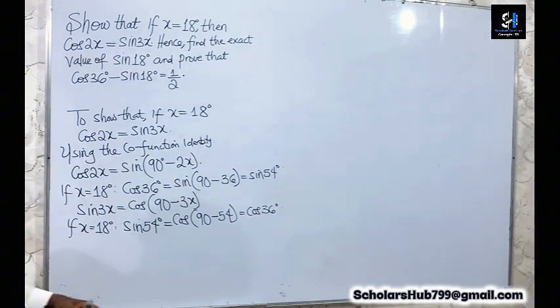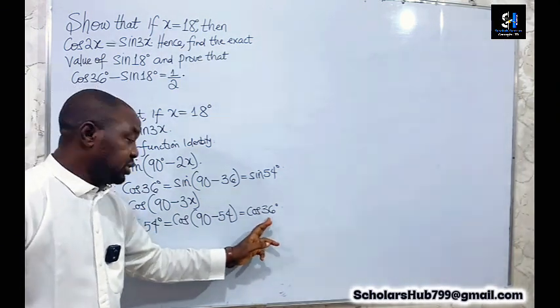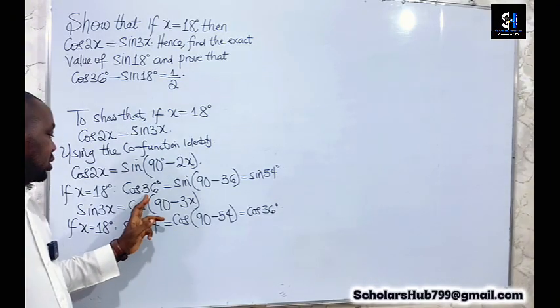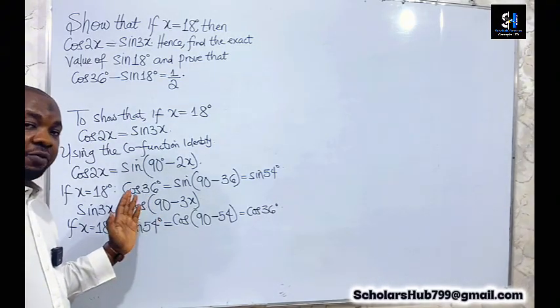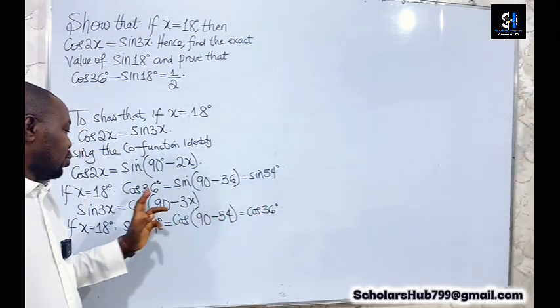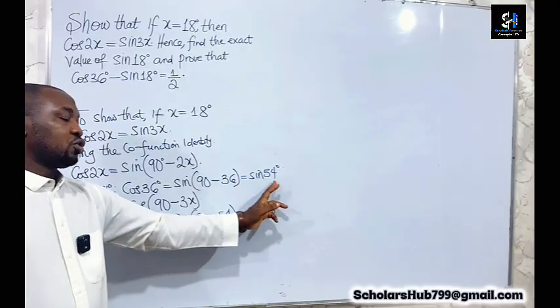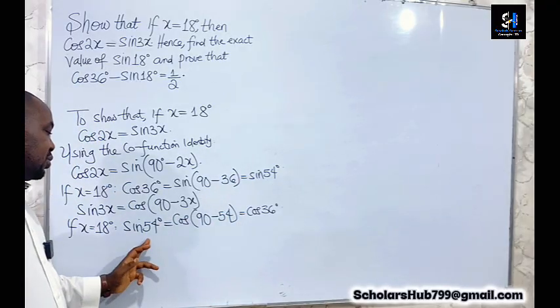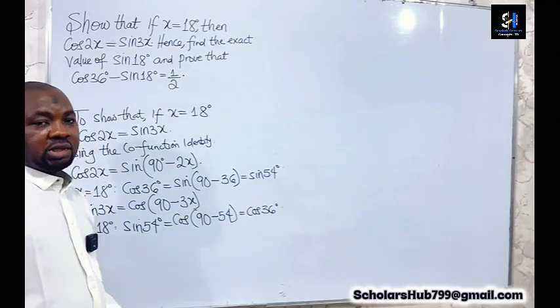So we can see that cos 36 degrees is equal to sine 54 degrees. Or we can say, if we work from the left side to the right hand side, cos 36 degrees is equal to sine 54 degrees, then sine 54 degrees is equal to cos 36 degrees.